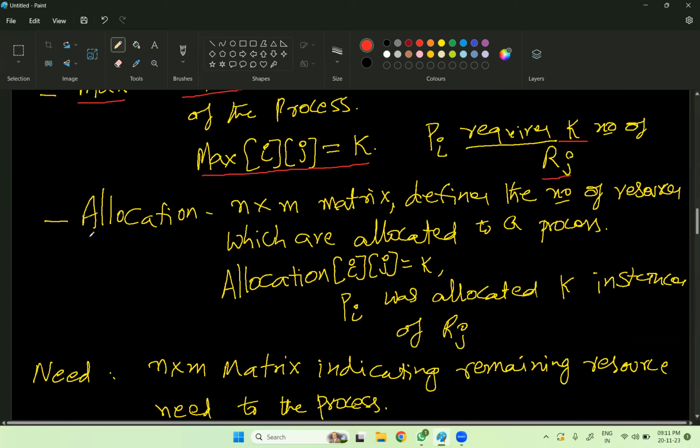Then allocation: when a process is going on, some set of resource instances are allocated to your process. Allocation of i comma j equal to k means Pi was allocated k instances of resource type Rj. So I still require some more of Rj.